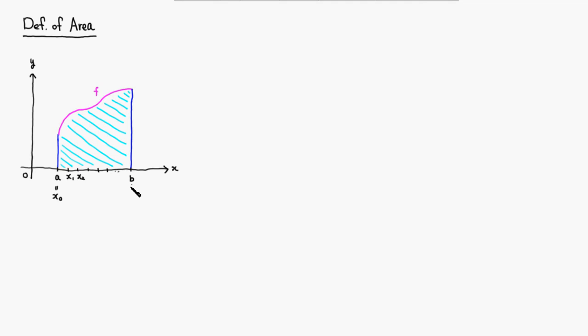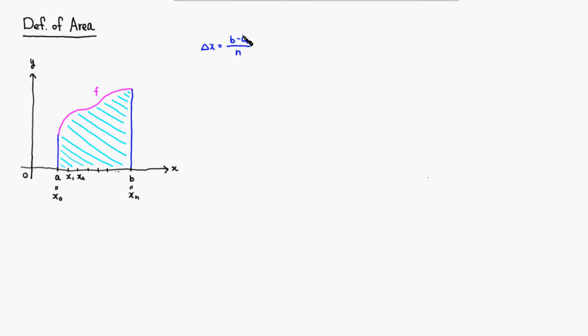The last one, there are n of them, so it's going to be xn. And we can compute delta x. This is the width of each rectangle. The length from A to B would be, of course, B minus A. We split that into n equal pieces. So this is the formula to find delta x.